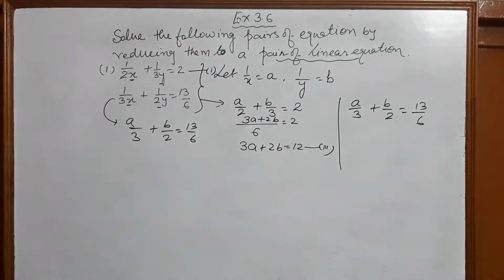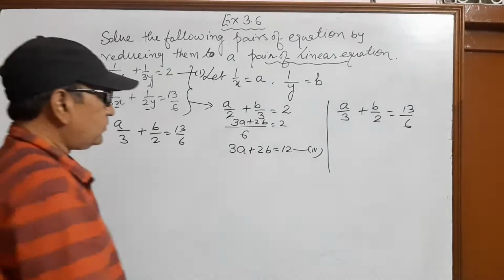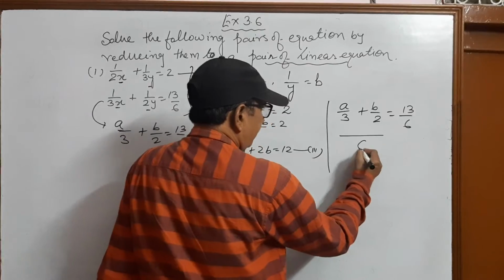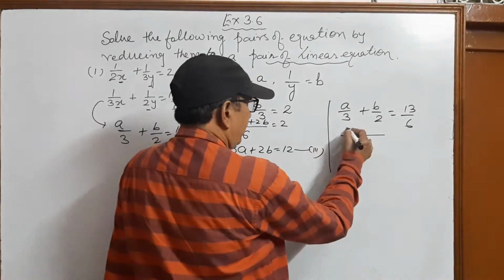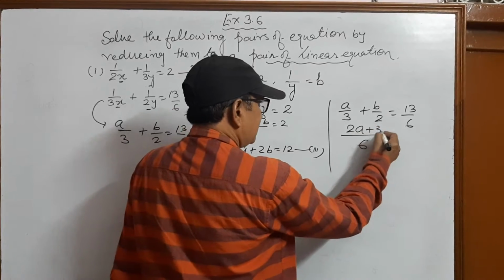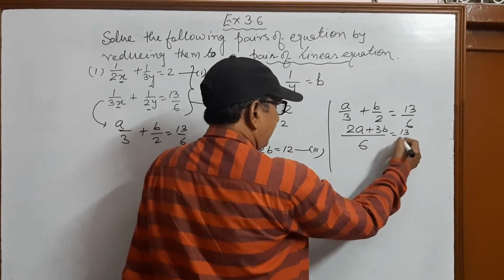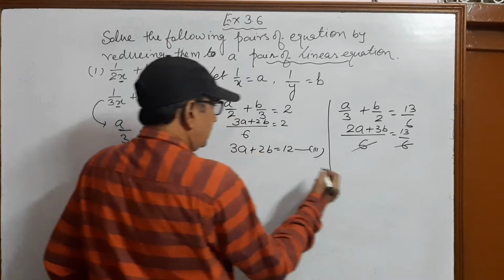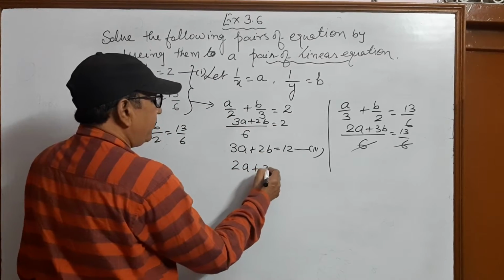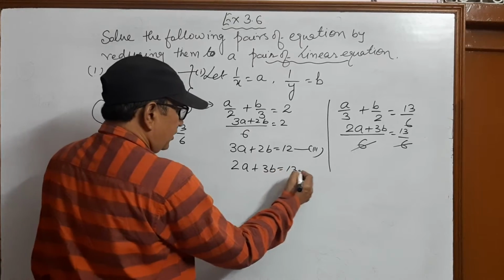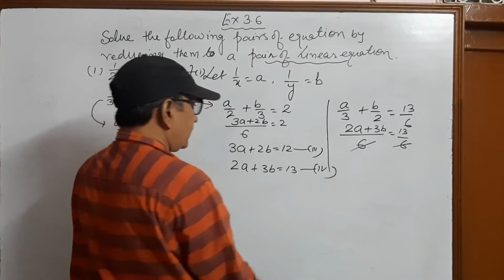So in this way we can change the given second equation into a linear equation. Now by taking LCM, again 6 is the LCM. So 2a plus 3b equals 13/6. Now 6 has gone. So we finally get 2a plus 3b equals 13. Now this is known as the fourth equation.